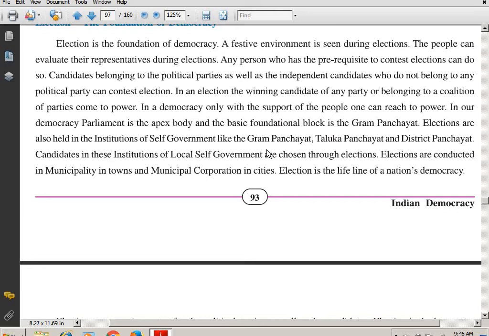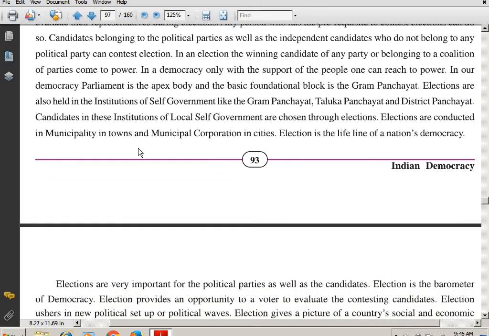Candidates in these institutions of local self-government are chosen through elections. Elections are also conducted in municipalities in towns and municipal corporations in cities.